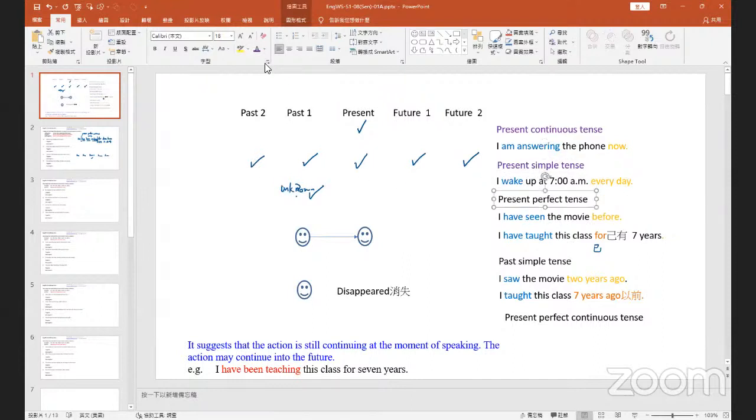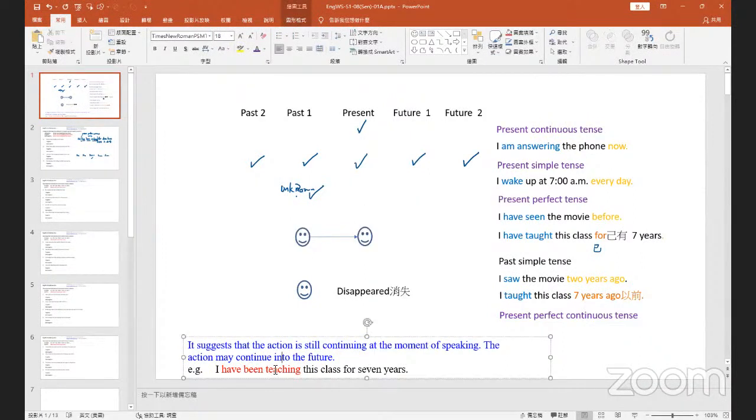We have present perfect tense, for something that happens not long ago, or something that happened already, but the time is unknown. There is another kind of present tense: present perfect continuous tense.